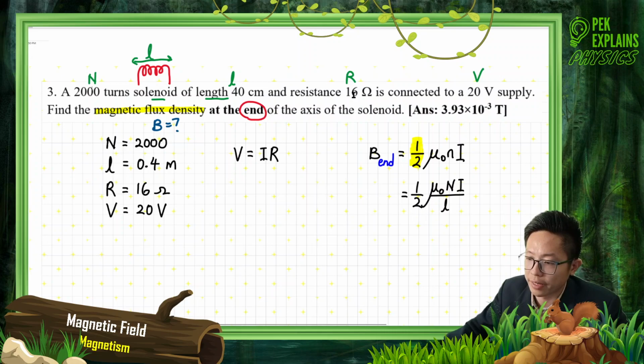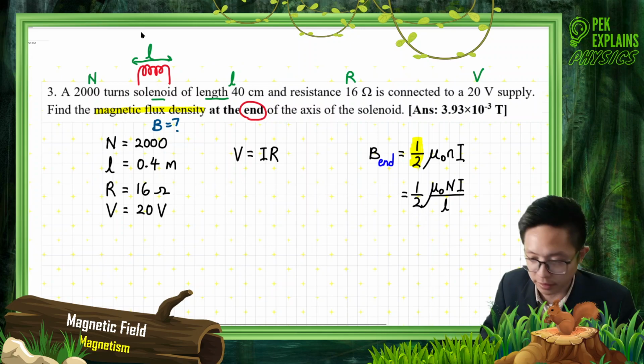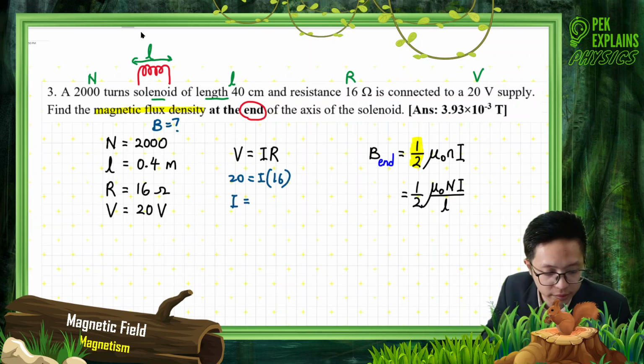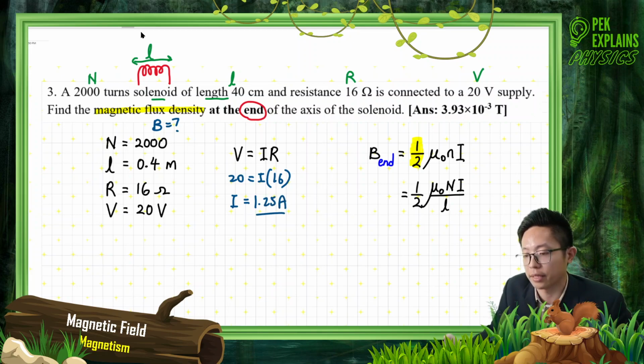It gives us the resistance and voltage, so from V equal to IR, we can find the current. 20 volt equal to I times the resistance, 16 ohms. So I got my current, 1.25 ampere.